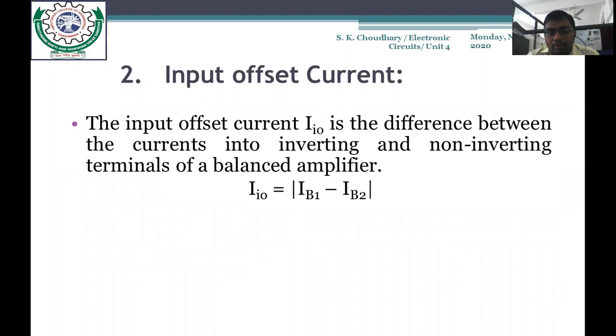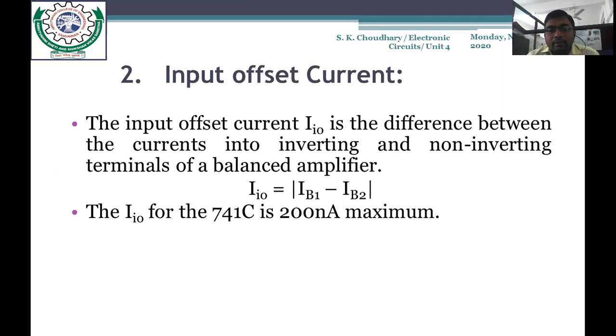So IO, that is input offset current, could be written as the difference between two base currents IB1 minus IB2, or you can take the magnitude part only. We have not shown the sign. You can take this magnitude part only.